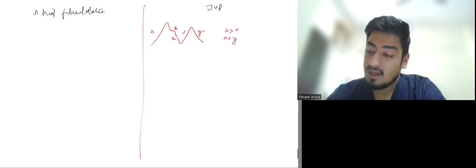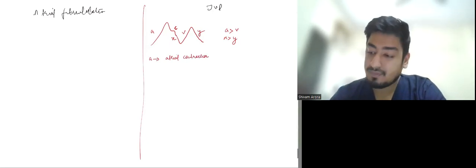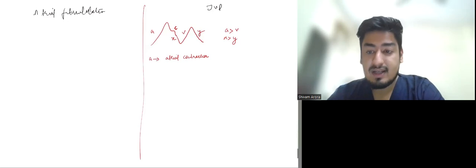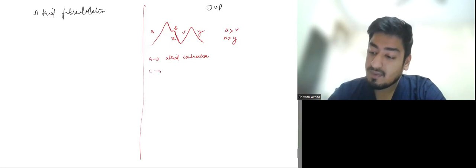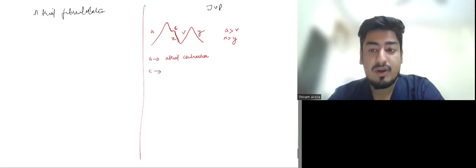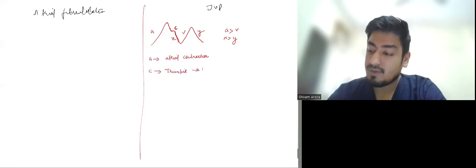In normal JVP, A wave is because of atrial contraction, that is RA contraction. Then RA starts relaxing, so the pressure starts dropping. C wave is because of the closure of tricuspid valve, which is pushing into the RA.